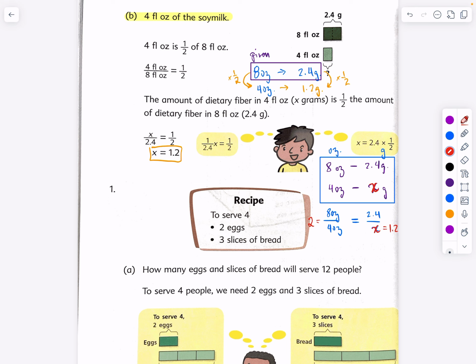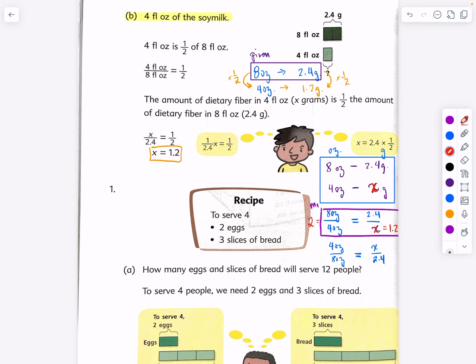Take a look at one more way to solve proportions. So this was method 1. Not that it's any different, it's just 2 different points of view. Another way to look at it is you can invert it. You can say 4 ounces of milk to 8 ounces has to be proportional as X to 2.4.